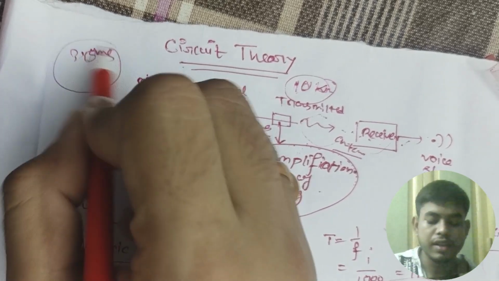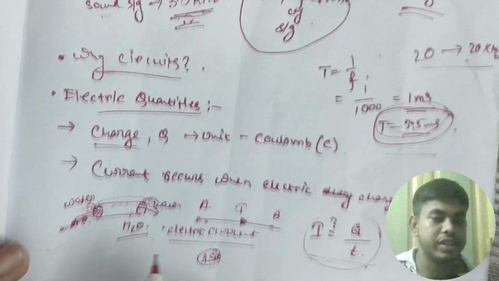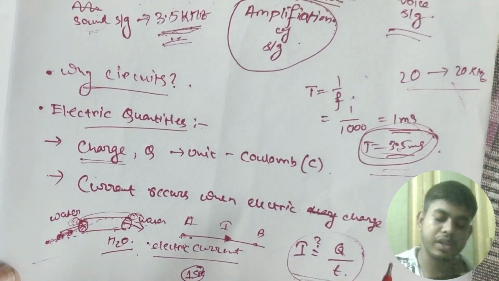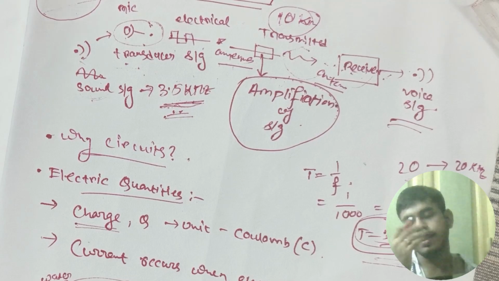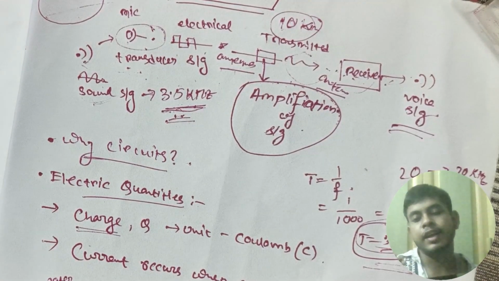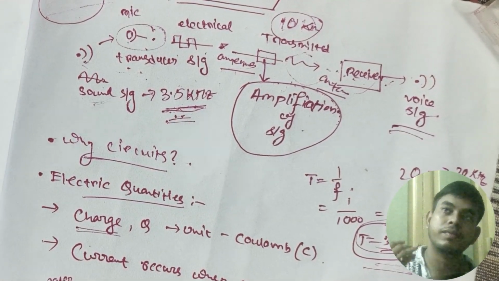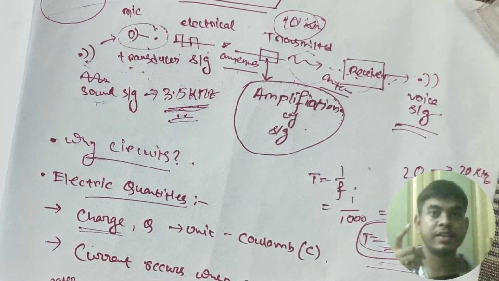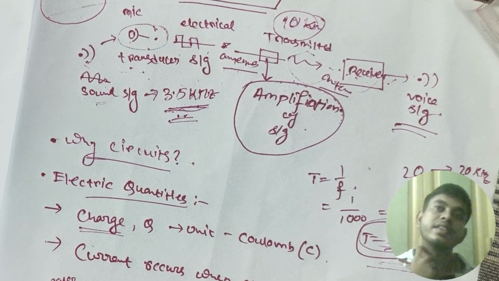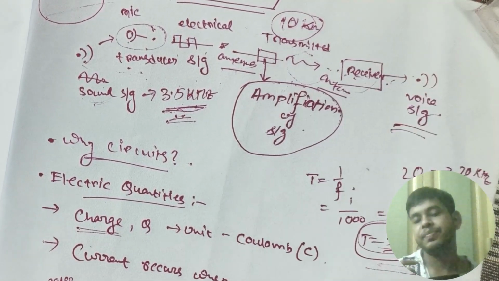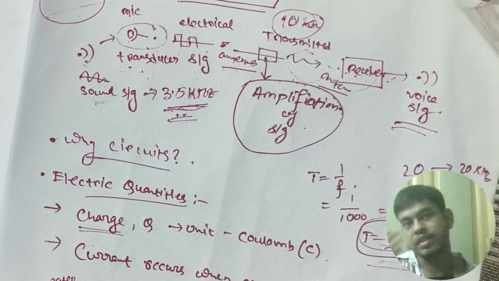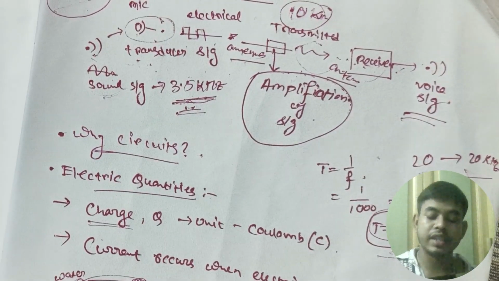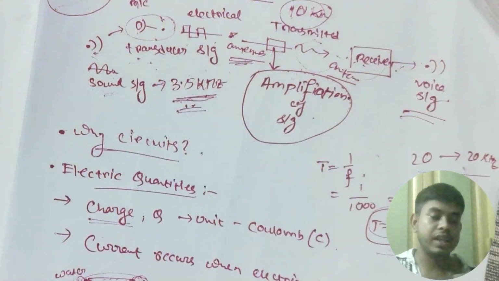Whatever electrical or electronics component we will use will have to work in 3.5 milliseconds, a thousandth part of a second. The transducer has to work, or the antenna has to send the signal.